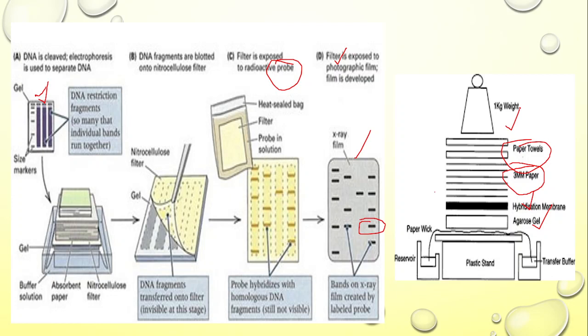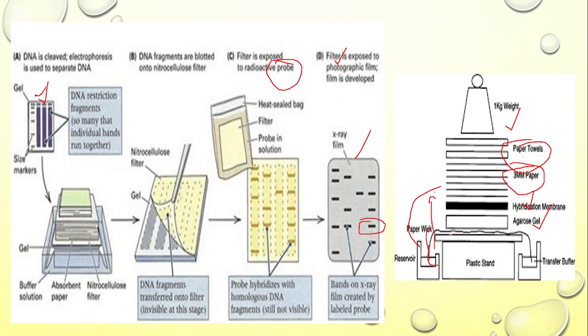So the actual mechanism here is the adsorption of this buffer from the reservoir by the filter paper stack. Due to this capillary action, there is movement of the buffer through the paper wicks and the Whatman filter papers.